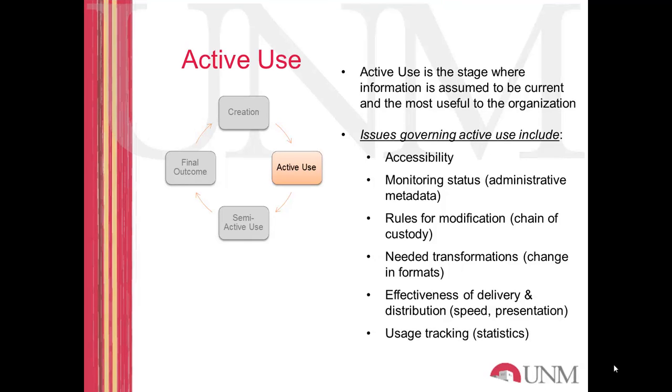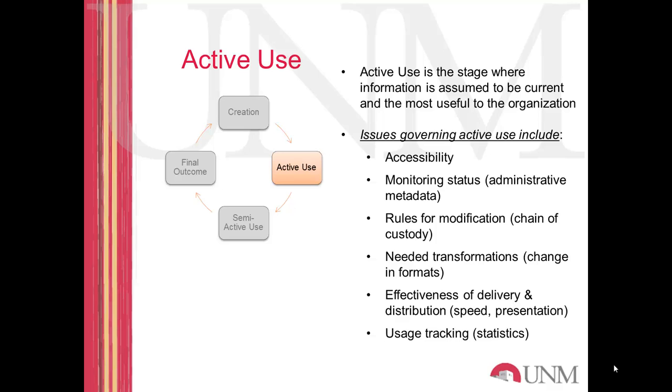The second stage in the life cycle is called active use, and this is the most formative period during the information lifespan. This is where information is being modified the most, and it's being updated and kept current the most, and it's also got the most perceived value to the organization at this stage.